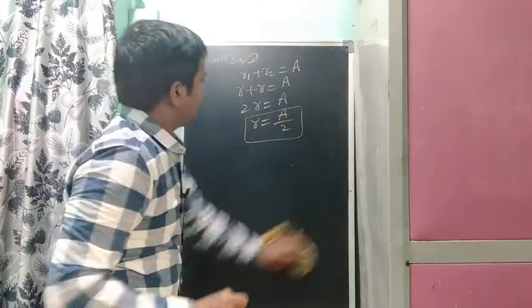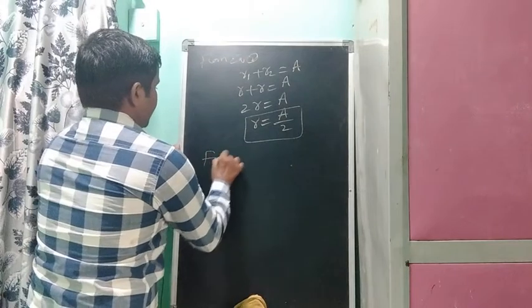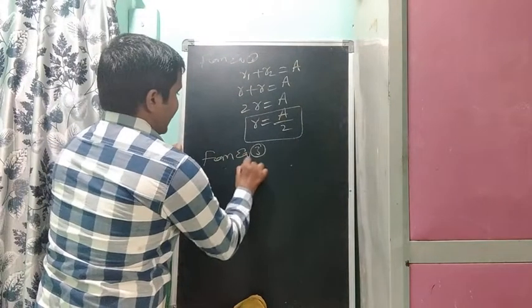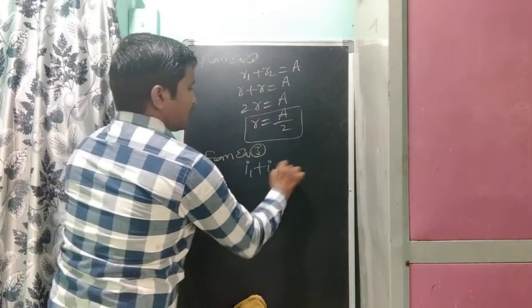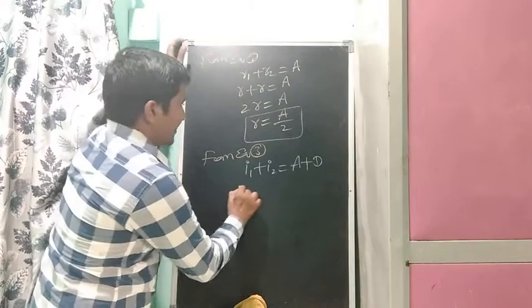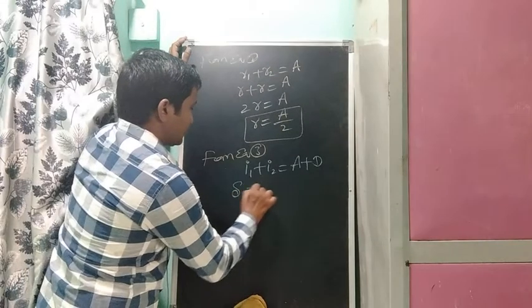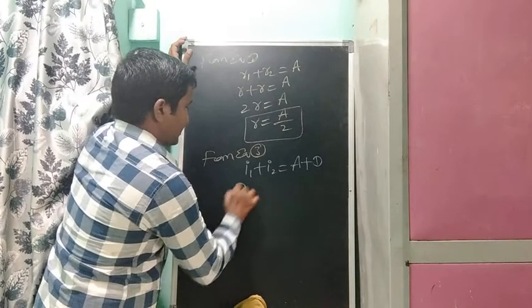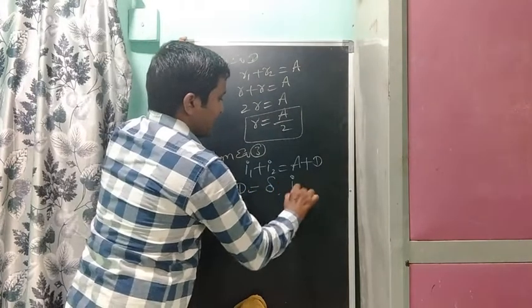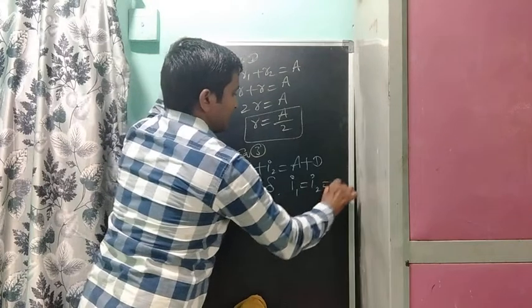Again, equation 3 is I1 plus I2 equal to A plus D. But at the angle of minimum deviation, D, the angle of deviation, will become the angle of minimum deviation delta, and I1 becomes equal to I2, that equal to I say.